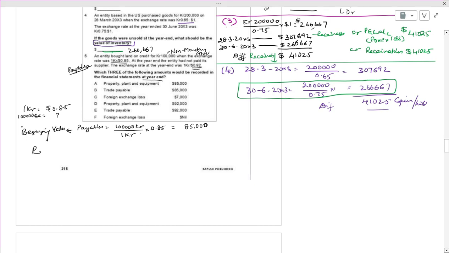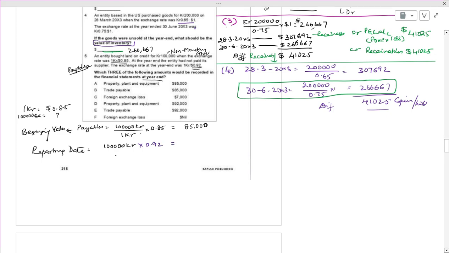What is the closing reporting date value? 100,000 KR, it is not divided, it is multiplied by 0.92.